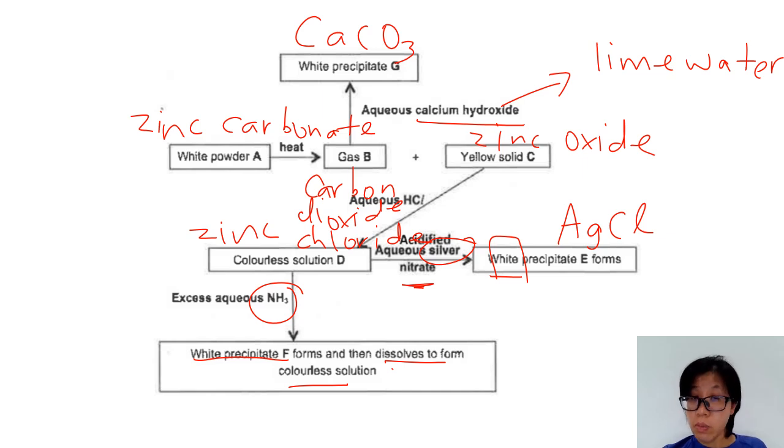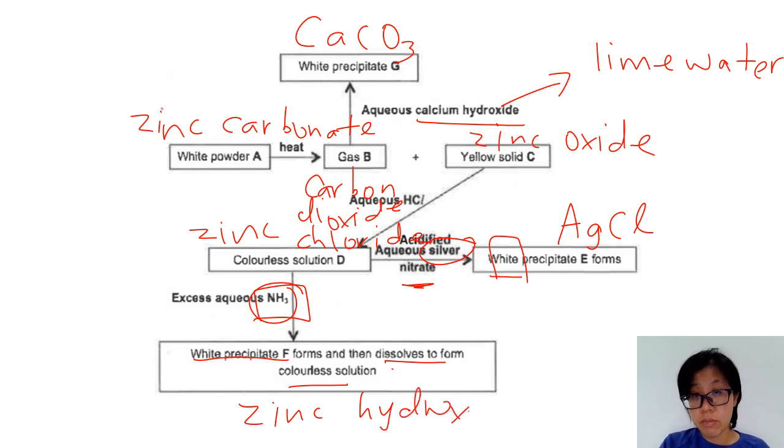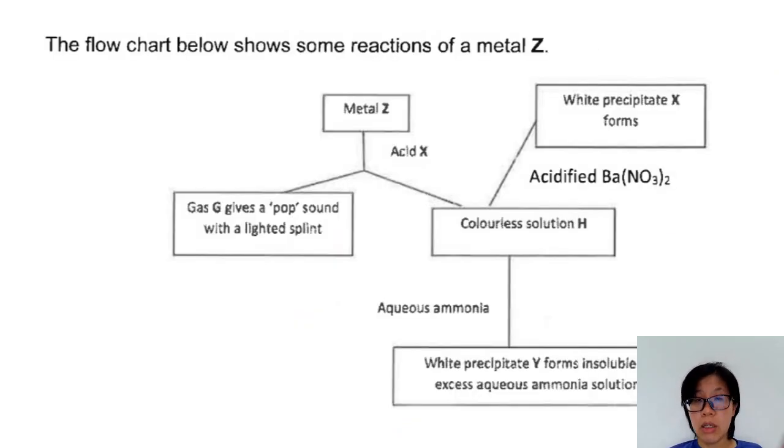Then just now we said whether you add aqueous ammonia or sodium hydroxide, in the end the PPT name will always be something hydroxide, hence this is zinc hydroxide. Okay, so that's how we do the question. Find the keywords, then you know what that particular item is, then you know what they have before and after that. Okay, let's continue.